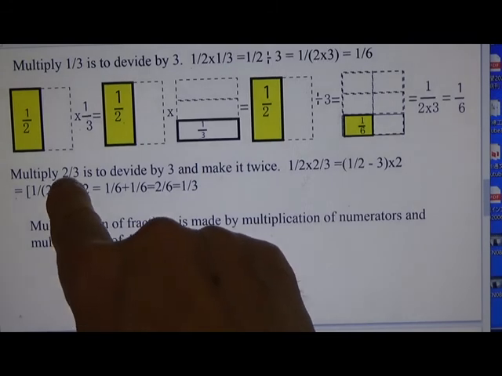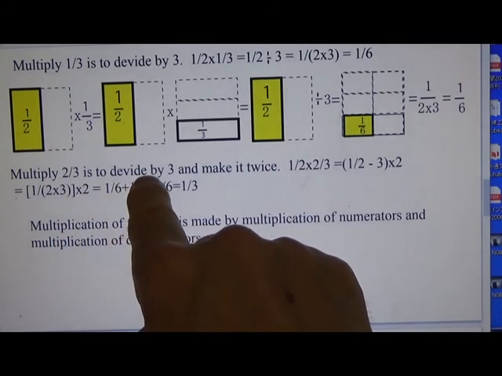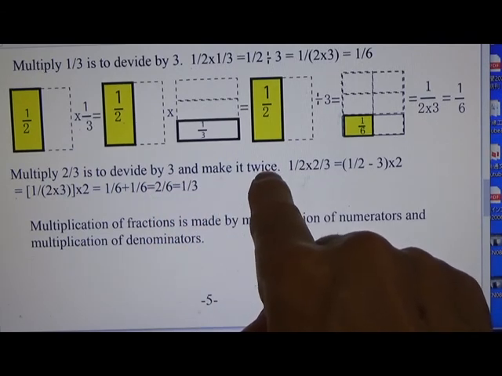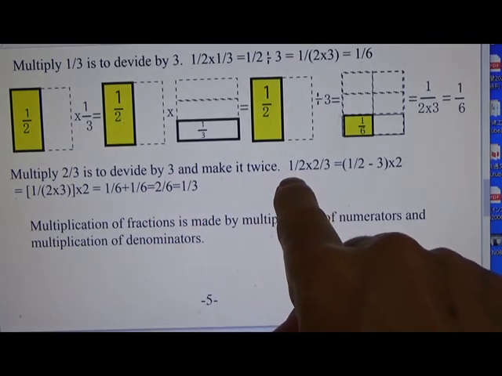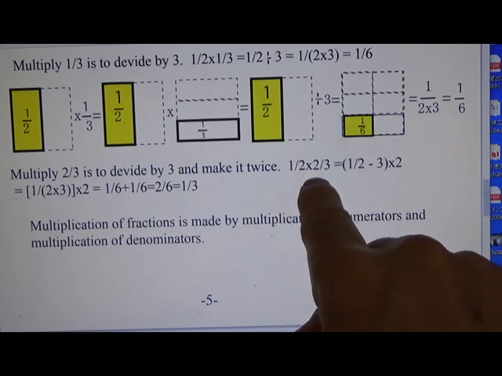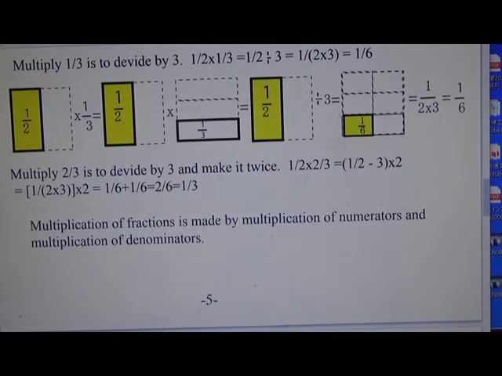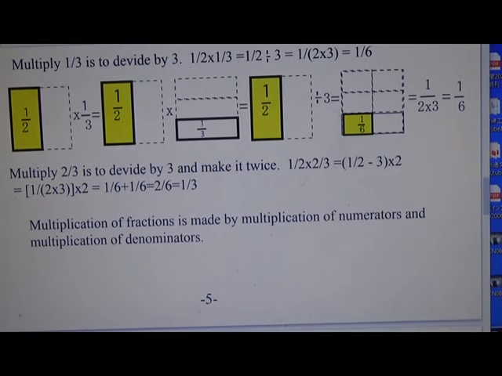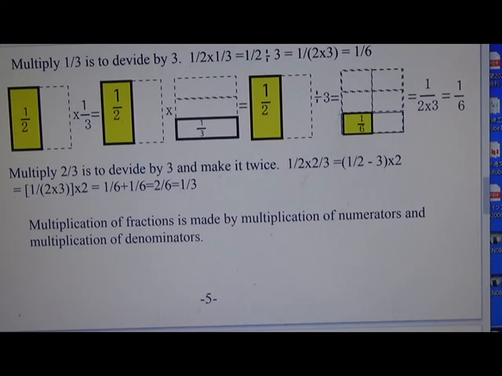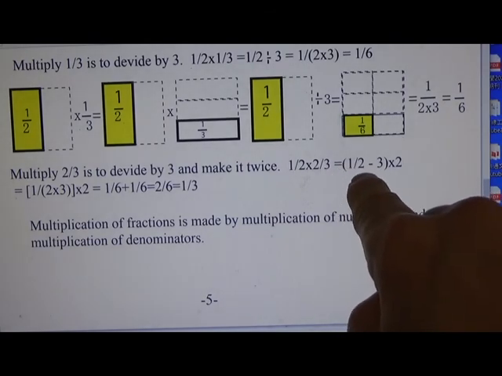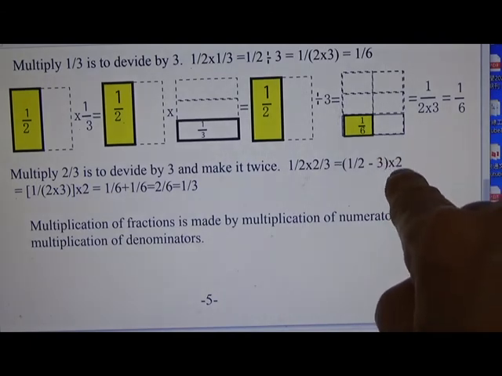Multiplying by 2/3 is dividing by 3 and adding it twice. 1/2 multiplied by 2/3 is... sorry, this part is wrong. 1/2 divided by 3 multiplied by 2.